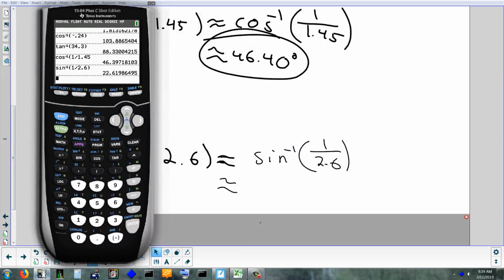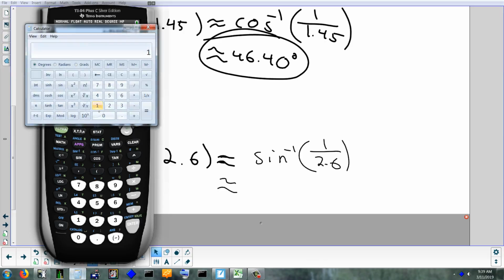You got 22. Yeah, I'm in degrees. On that calculator, I'm pretty sure you have to type it in backwards. So you would have to do 1 divided by 2.6 and then do inverse sine, like that.